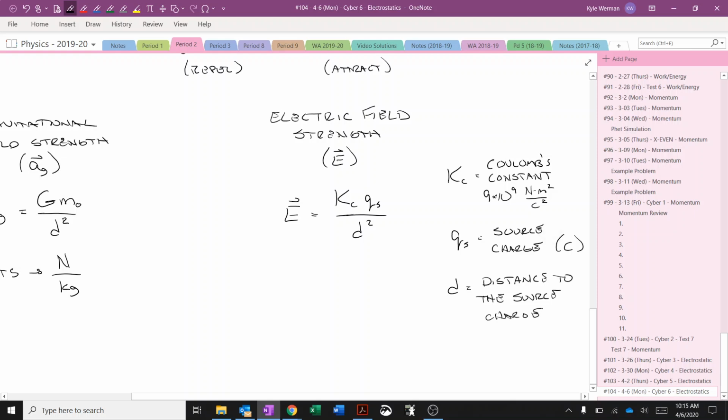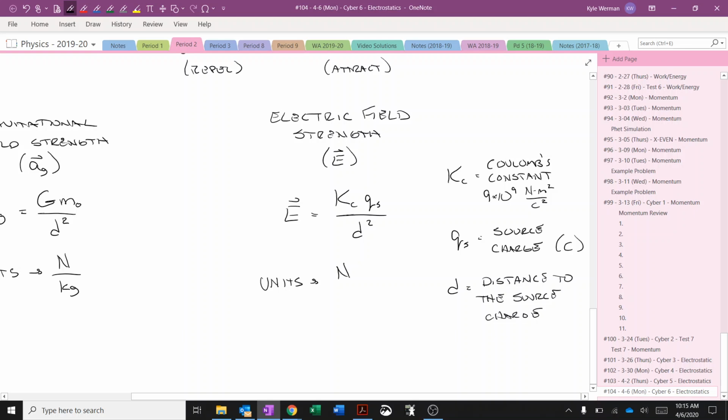And if we look at units, you can imagine what these units should be, right? If it's, for gravity, newtons per unit of mass, well, hopefully you recognize that the units for electric field would be force.